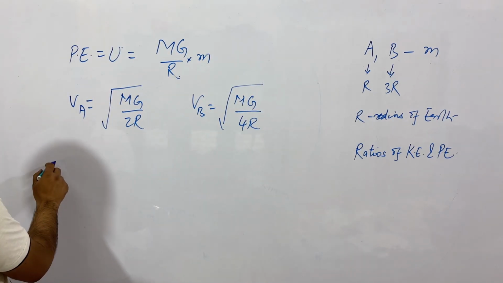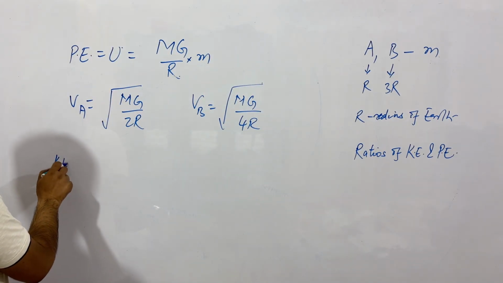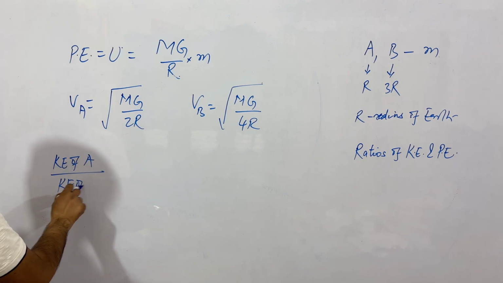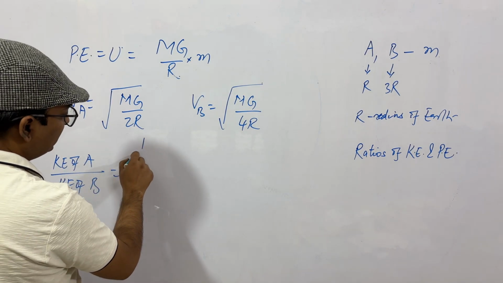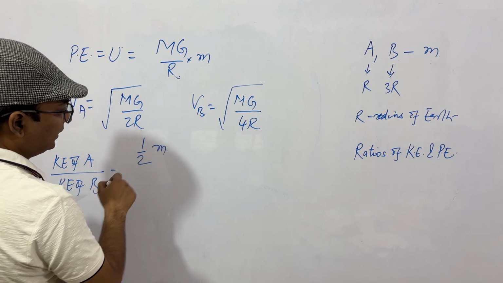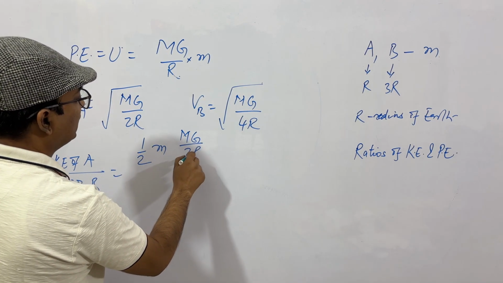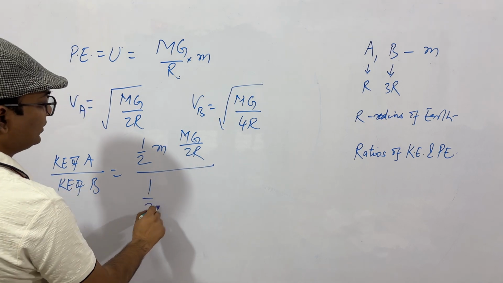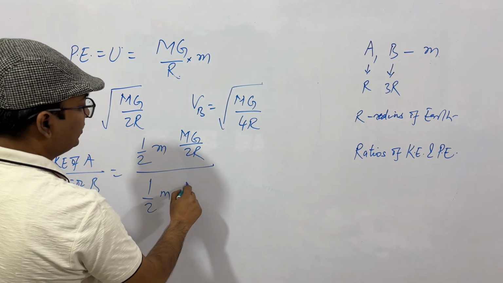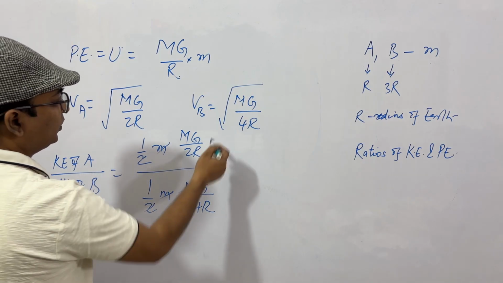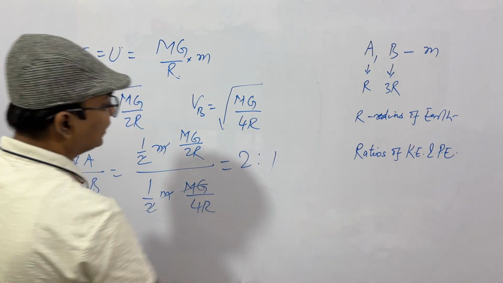Okay, and the ratio of kinetic energy of A by kinetic energy of B, we have to find this only. This will be half the mass of the satellite into VA square, so GM by 2r, by half mV square of this, that is GM by 4r. Again this cancels. This is 4r by 2r, that is 2:1.